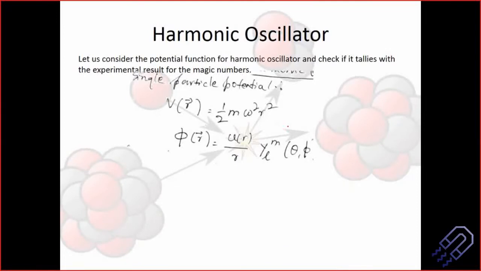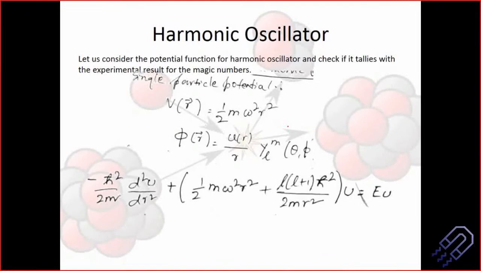So when we plug in the particular potential value, then only can we get the final output from the wave function. So if we consider this, what we have is the wave function, and then we plug in the harmonic oscillator potential, and then you find out the result. So this is the form of the wave function that we have. Okay, and once we solve this, we get the energy. Okay.